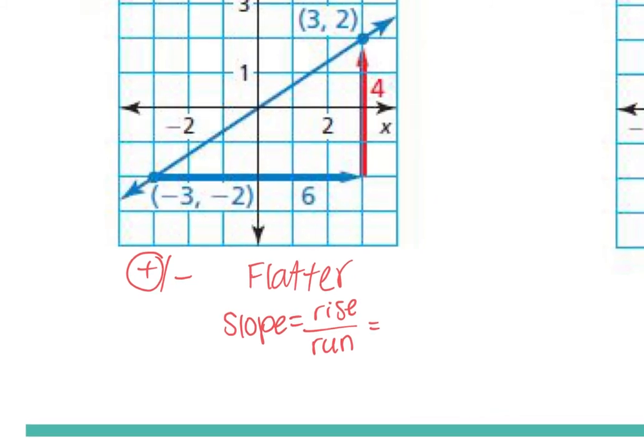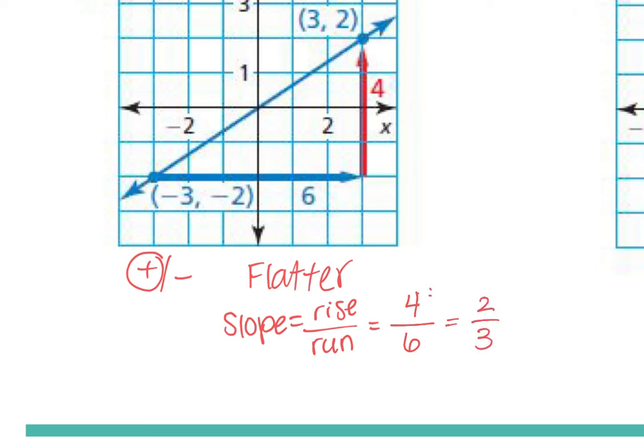Aya? 4 over 6. Now, if you put this as your slope, you would get points off. Why? Amina? You can simplify it. What does this simplify to? Gabby? 2 over 3.